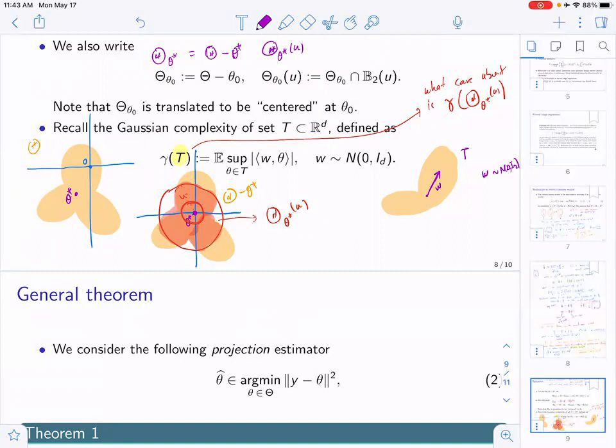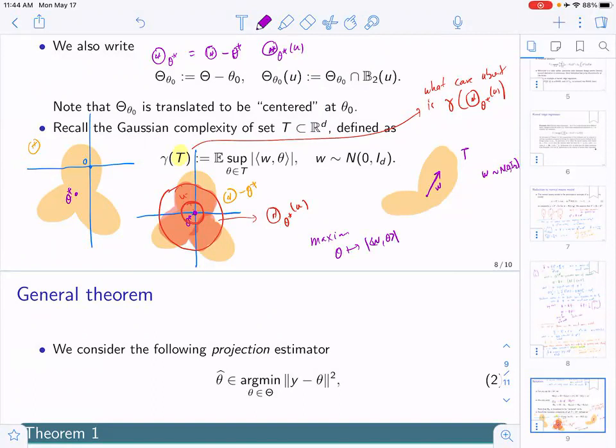Then I take the inner product with theta, and look at maximizing this function, theta maps to W theta.